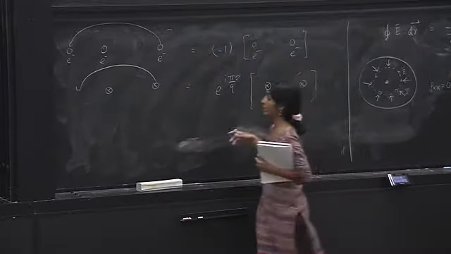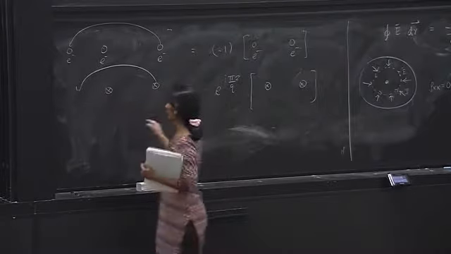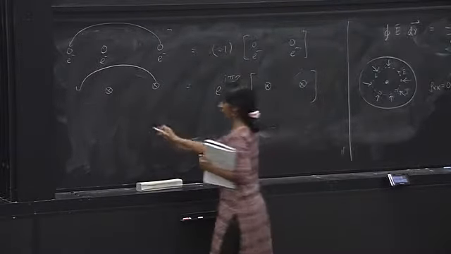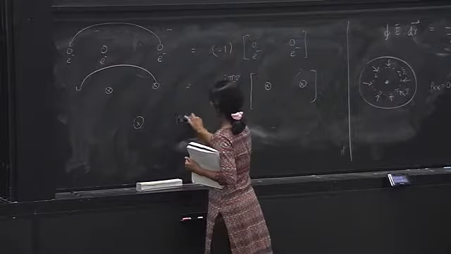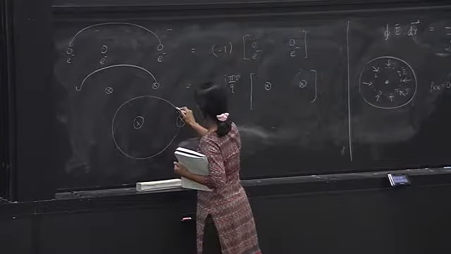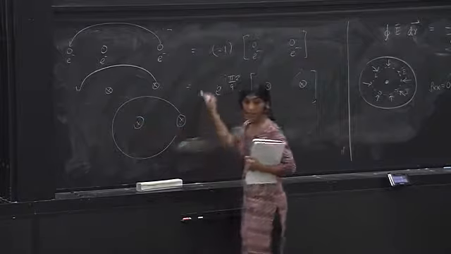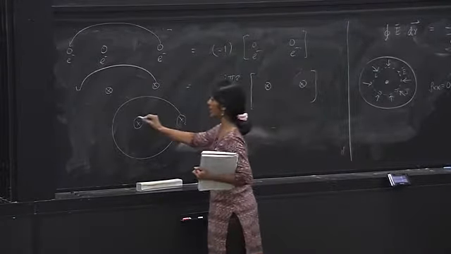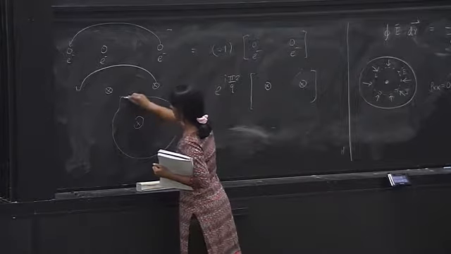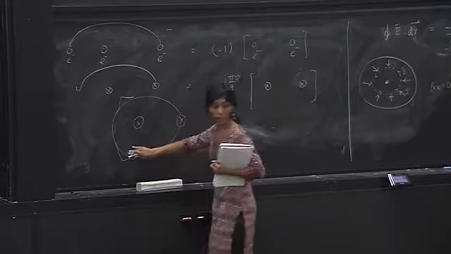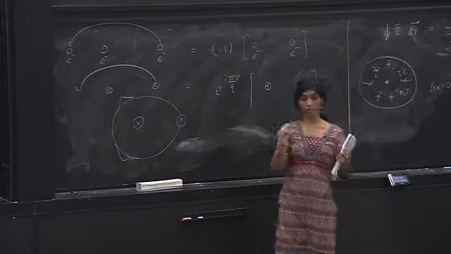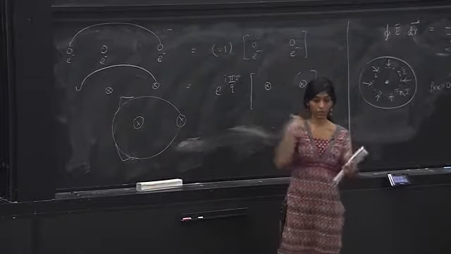Why can they exist in 2D? Because in 2D, you see that exchanging particles is associated with a winding number, right? So if I have a particle here and one there, the number of times I take this around that is a winding number, and I cannot change this number at all by deforming the path in any which way I want. Changing the path continuously cannot change this quantized number, which is how many times I took one particle around the other.